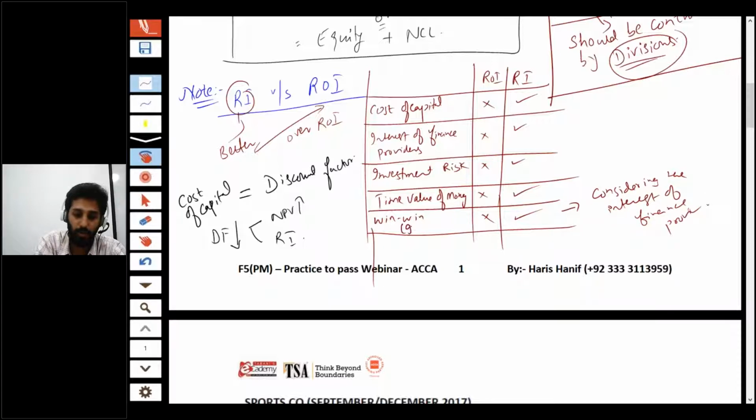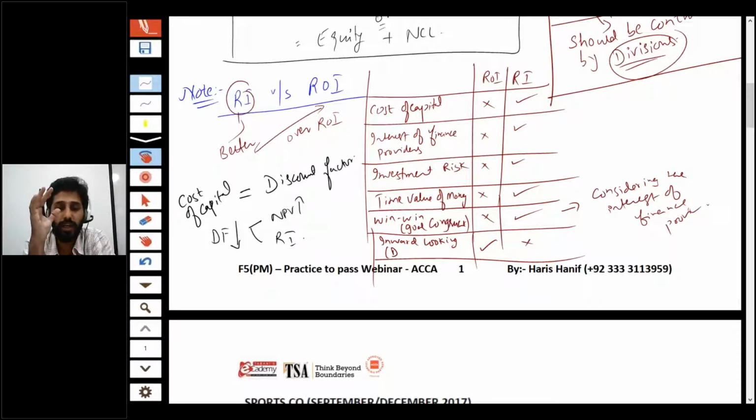That is said to be a goal congruent KPI. ROI is inward looking, and that is dysfunctional behavior. Dysfunctional behavior means that you are totally focusing on yourself.